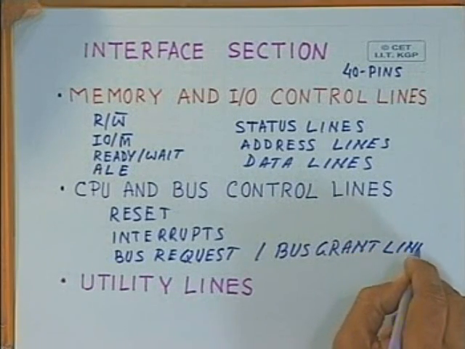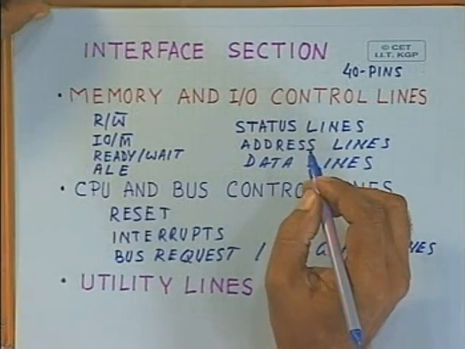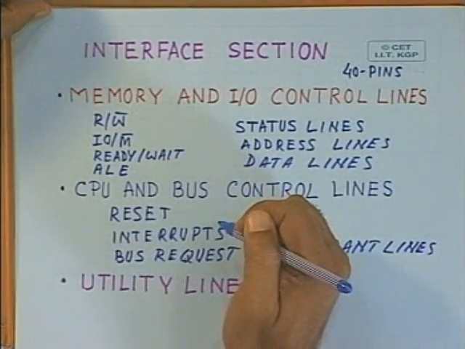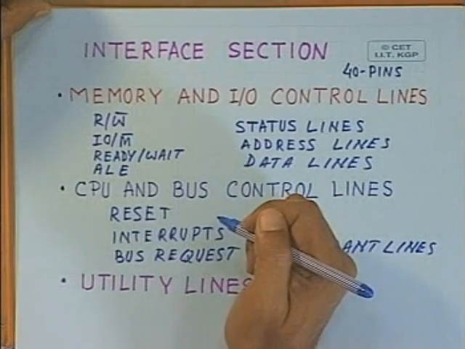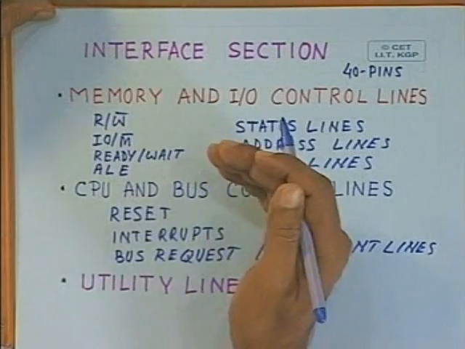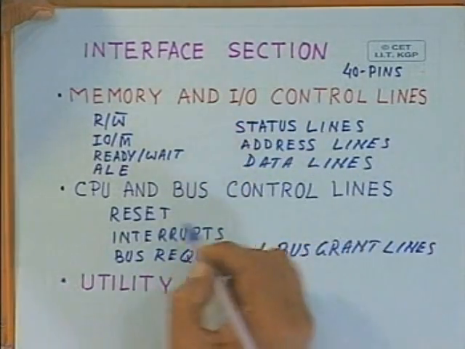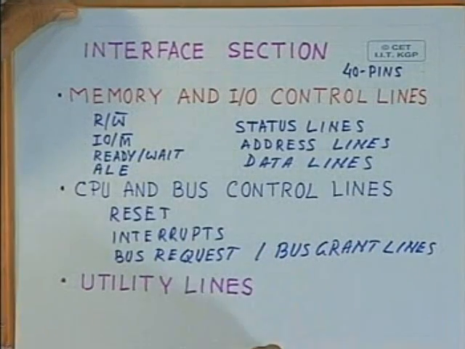This is necessary to implement, later on we shall discuss in more detail, DMA mode of data transfer, direct memory access mode of data transfer, these lines. And these interrupt lines are necessary to implement interrupt driven data transfer. So these are some of the CPU and bus control lines.